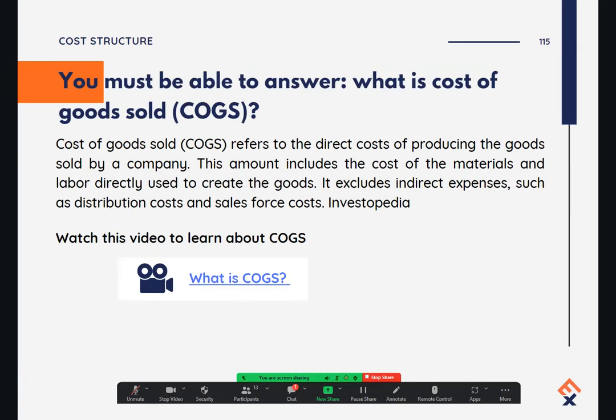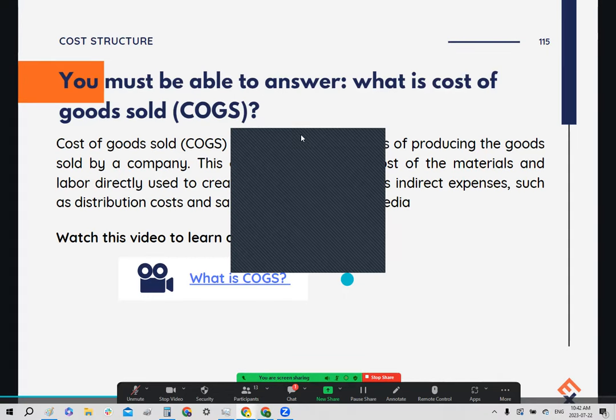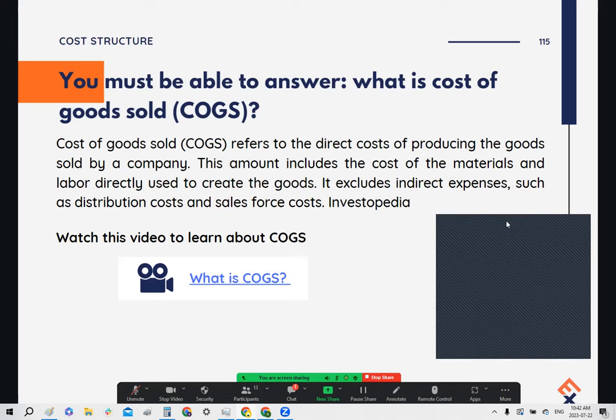And so just out of curiosity, and I know a definition is there, does anyone want to share what they understand cost of goods sold to be for your business? Anyone? Feel free to unmute. I'm sorry, could you please reiterate the question? Like, do you mean what is the amount of the cost of goods?